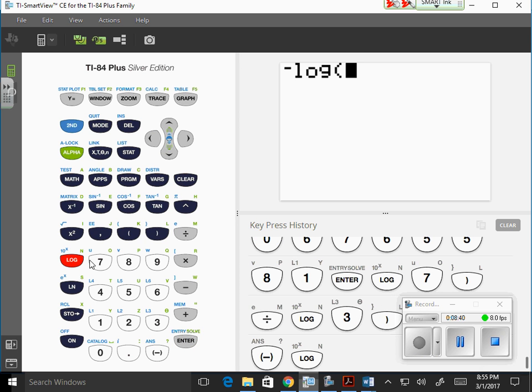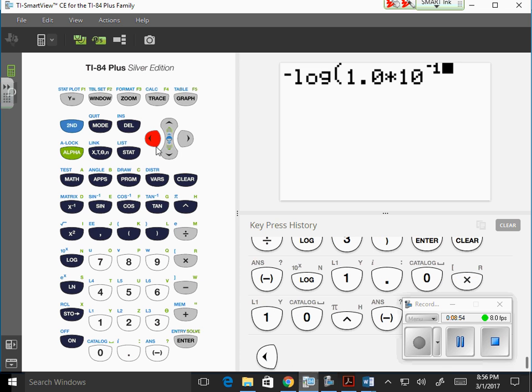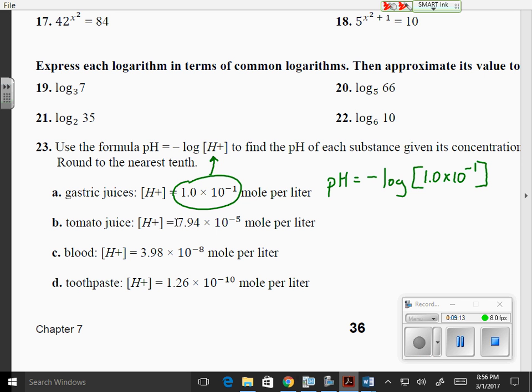Negative log of 1.0 times 10 to the negative 1. That becomes just 1.